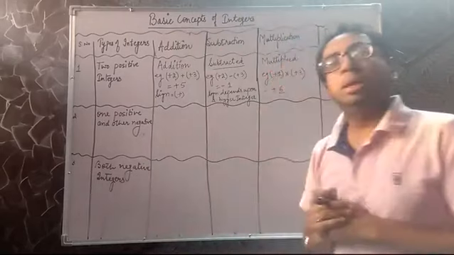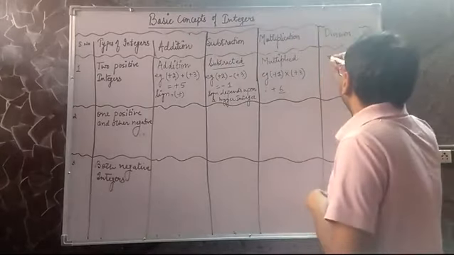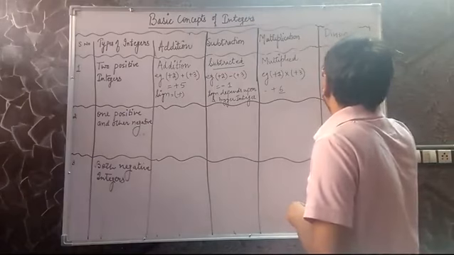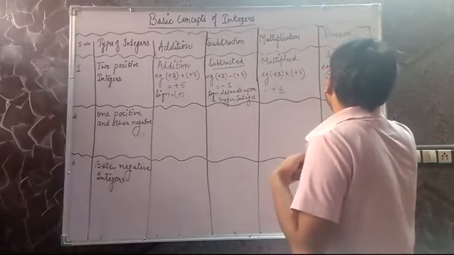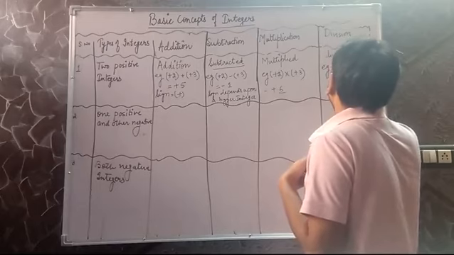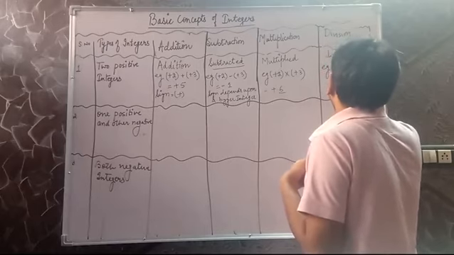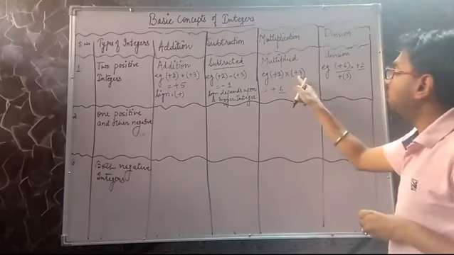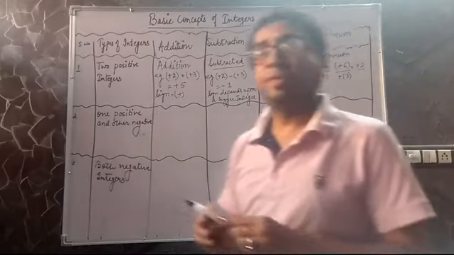So the answer is plus 6. In case of division, obviously division will be there. For example, plus 6 divided by plus 3. The answer is plus 2. Why is the positive sign coming? Because both are positive.